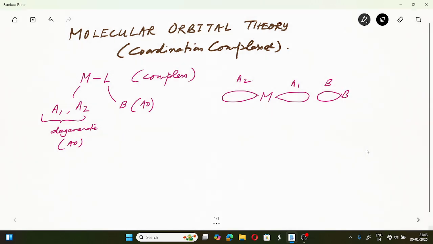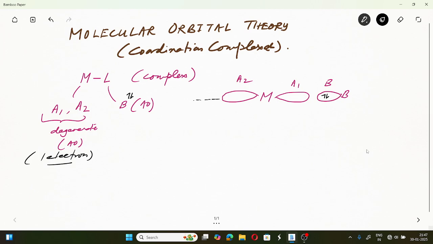And suppose let this metal contain one electron. Okay, and the ligand will always contain a pair of electrons. That means the metal contains one electron and the ligand contains a pair of electrons in this orbital.